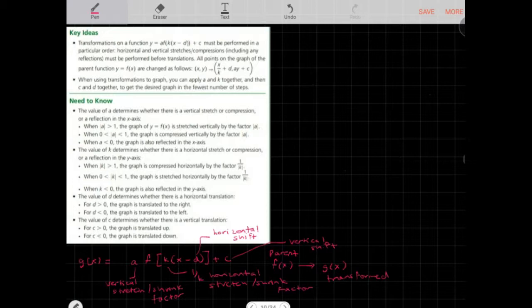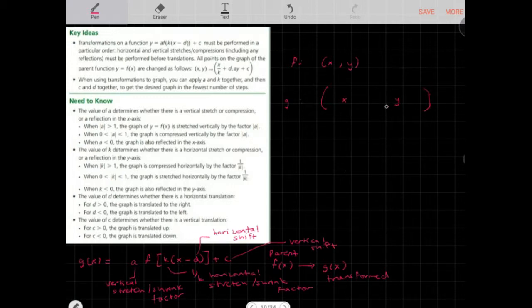Using this notion, we can think about all of our transformations for g of x as transformations from f of x. Before we look at g of x, if f of x has the points x and y, then g of x is going to be some kind of transformation of x and y.